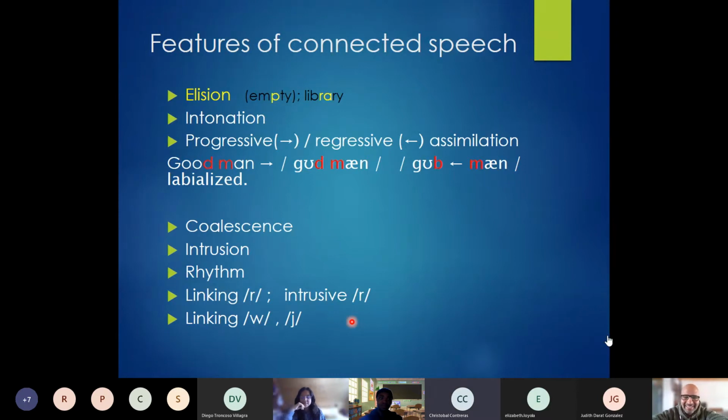The one, I guess it's regressive too, is "good boy". Good boy. So you said regressive assimilation. Yes. All righty. Regressive assimilation.